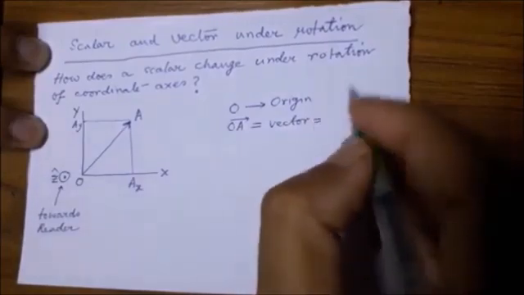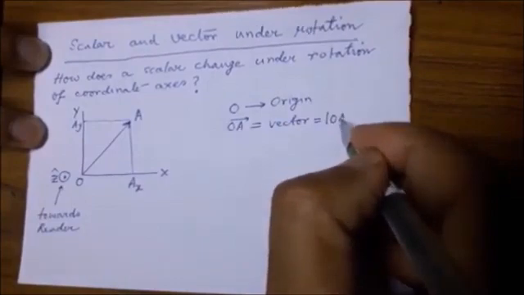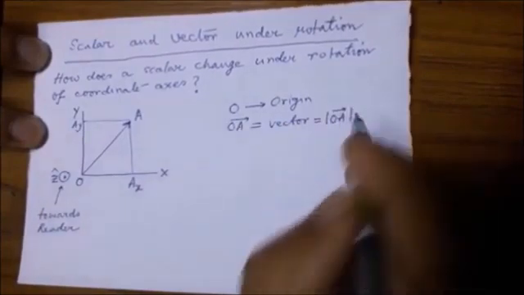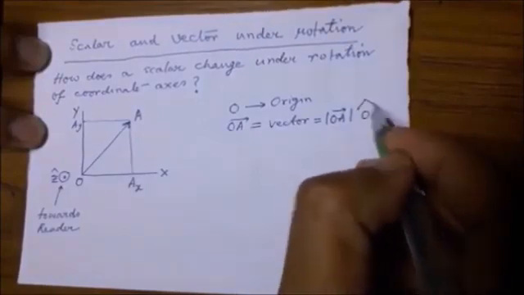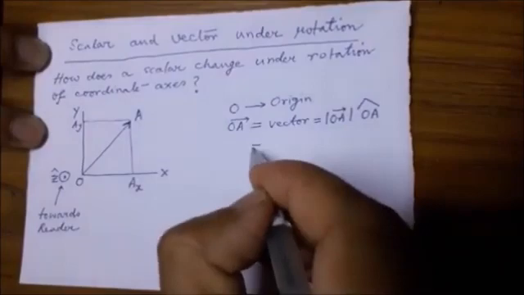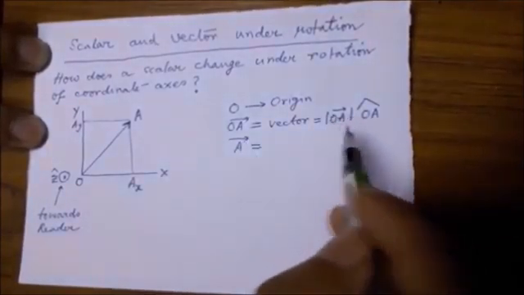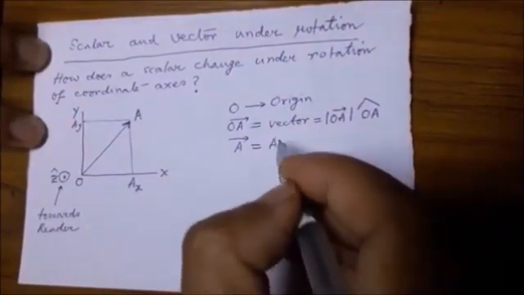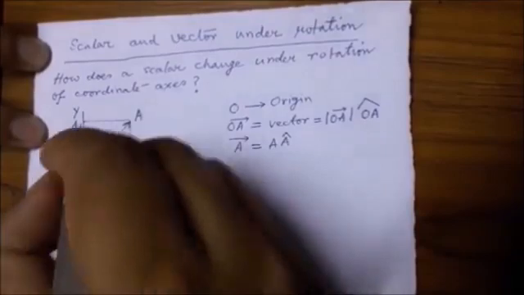And this vector, as indicated earlier, has two parts. One is the magnitude part and the other one is the unit vector part, or the direction part. And let us write it as vector A. So this is actually scalar A and the unit vector is A hat. So A hat is along this direction.